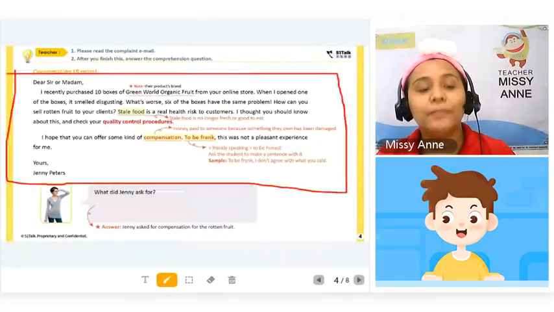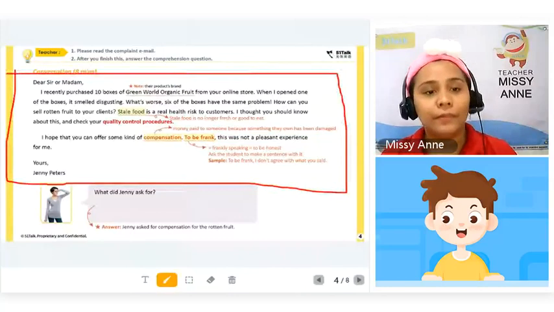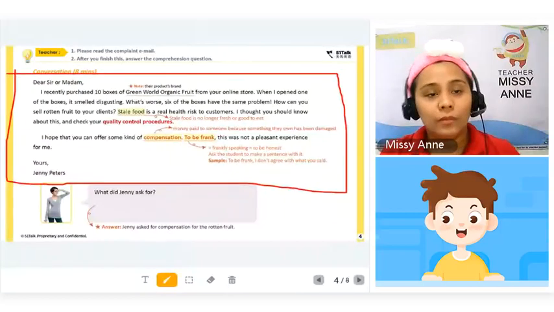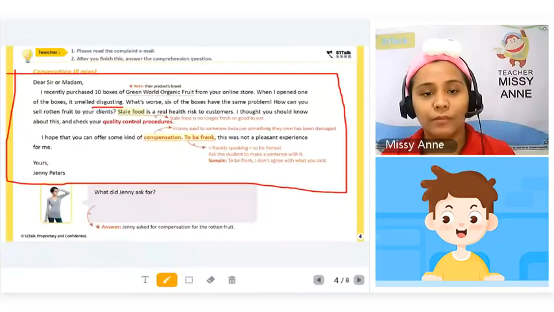Dear Sir or Madam, I recently purchased 10 boxes of green organic fruits from your online store. When I opened one of the boxes, it smelled disgusting. What's worse, 6 of the boxes have the same problem. How can you sell rotten fruit to your clients?